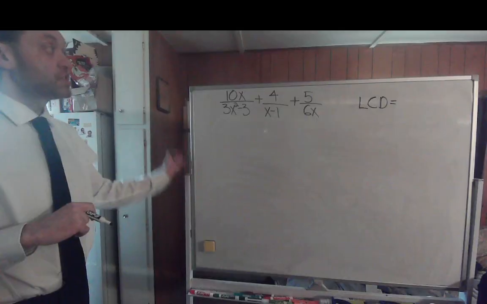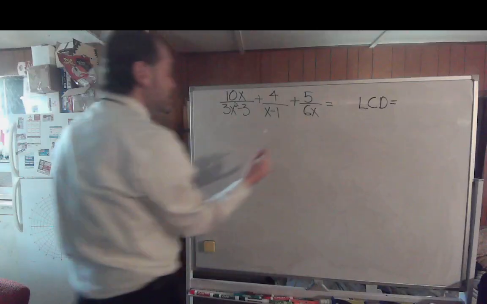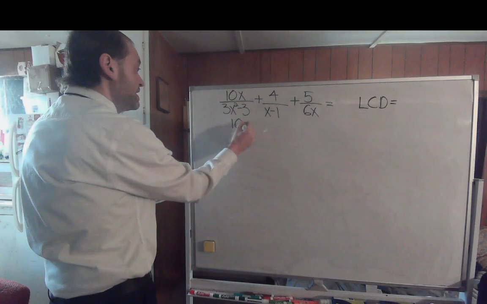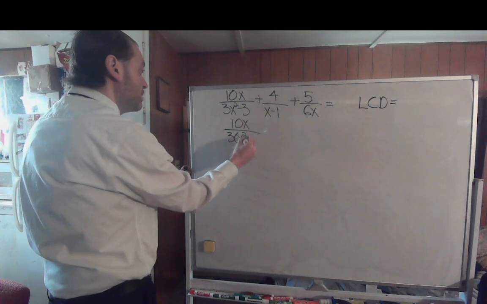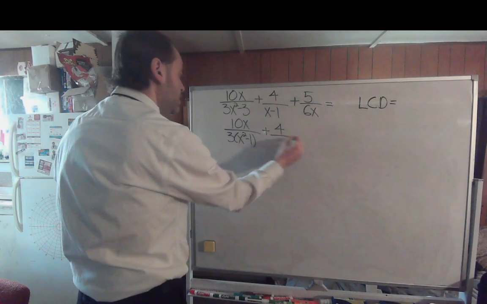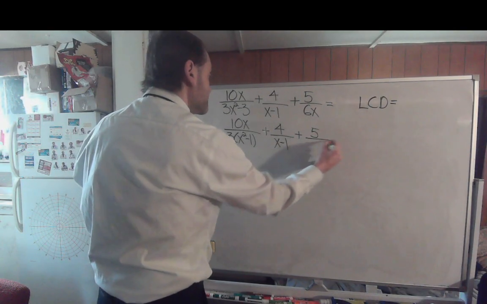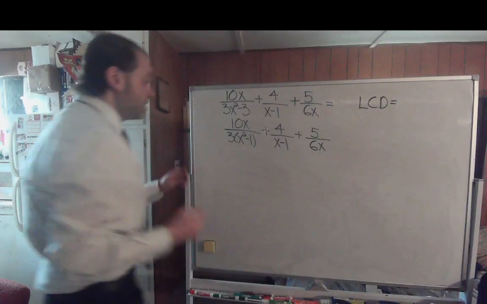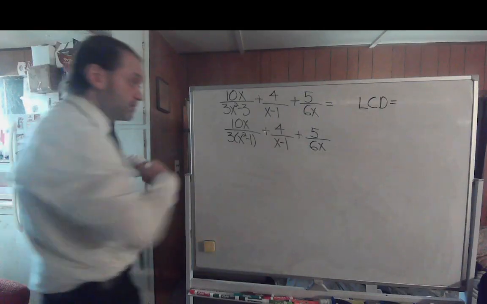Well, let's try to factor the first term if we can here, which we definitely can. This would turn into 10x over 3 times x squared minus 1 plus 4 all over x minus 1 plus 5 over 6x. Well, we know the first term, the denominator, will factor even a step further.